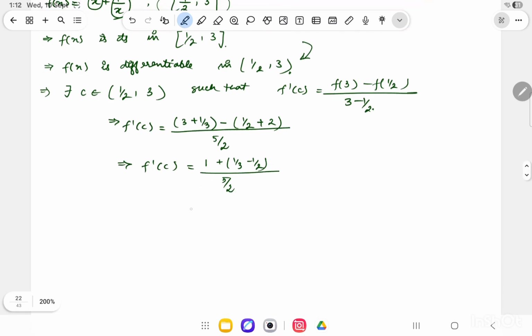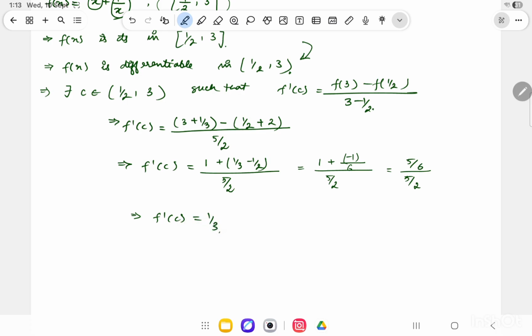So this is basically equal to 1 plus, if we take LCM we'll be getting 6, and 2 minus 3, that is minus 1, divided by 5 by 2. This is equal to 5 by 6 divided by 5 by 2, and this gives me f dash c is basically equal to 1 by 3.